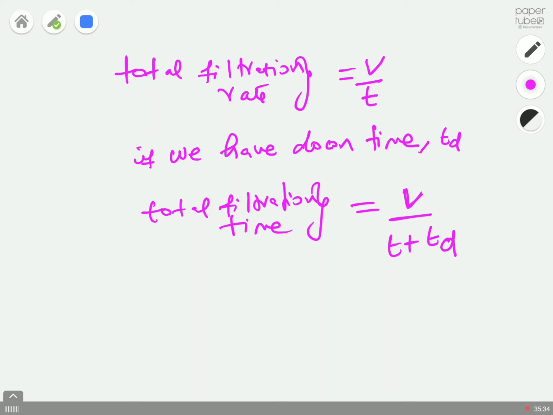So V divided by T plus TD. We already know what T is.